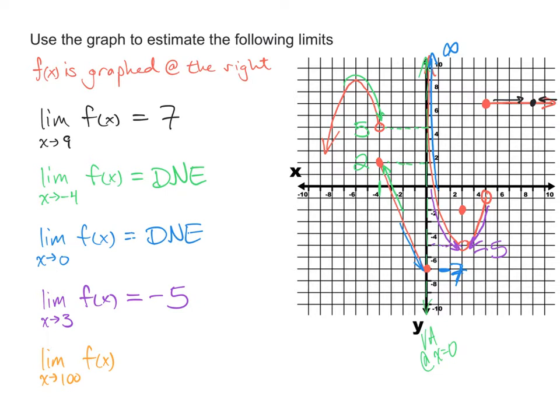Well, with this horizontal line, the y values forevermore to the right will all be 7. So if you approach from the left and from the right the x value 100 on a horizontal line, you'll just get whatever value that horizontal line is. So the answer here would be 7.